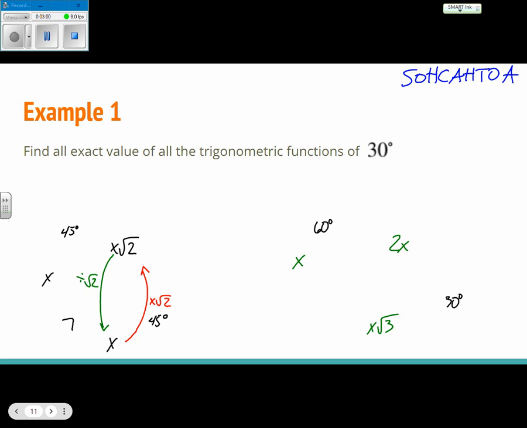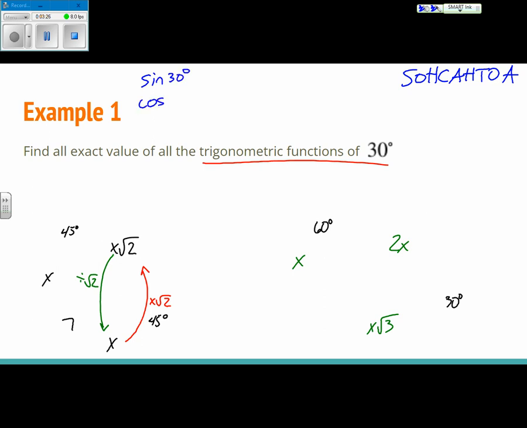So it says I want to find all the exact values of all the trigonometric functions of 30 degrees. Yeah, that works. So what that means is I want to find sine of 30 degrees.